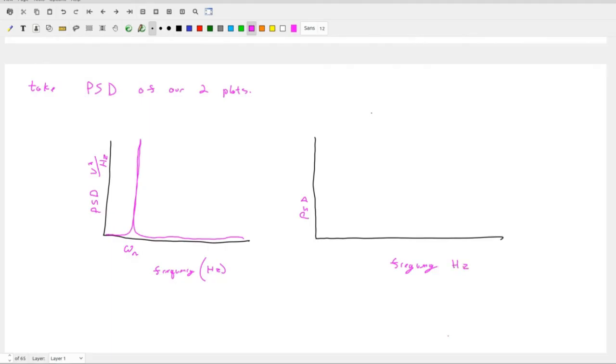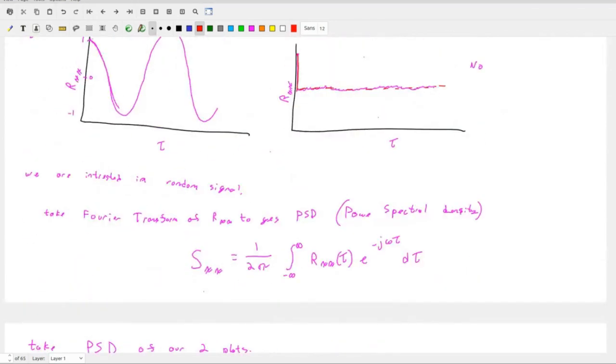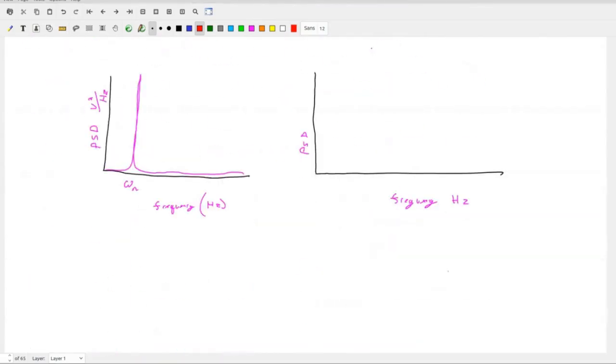So if we had a perfectly random signal, we had zero correlation, right? We should have no real signal here, right? But that's impossible because there's always going to be some kind of mathematical correlation. And so you're just going to get something that's very random, right? So maybe like this.